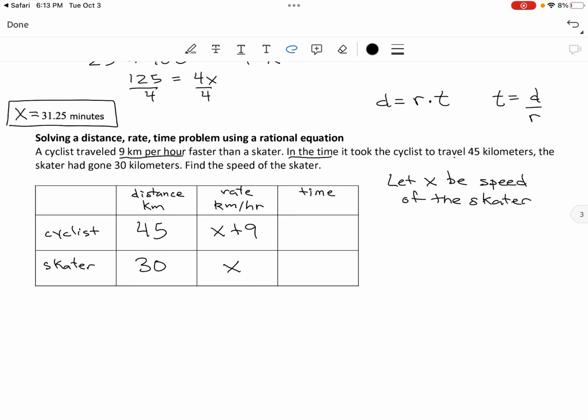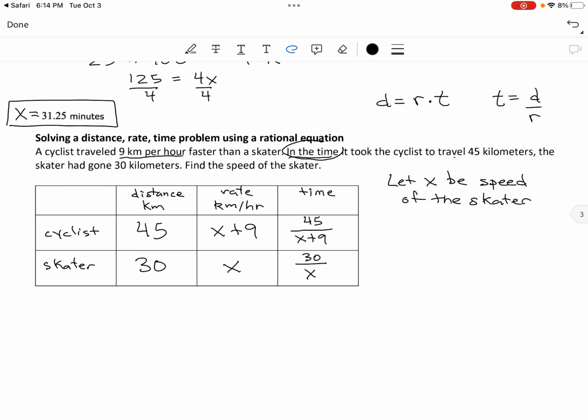And so now we just need to fill in our time. And remember, time is the same thing as distance divided by the rate. The distance for the cyclist was 45, and the rate was x plus 9. So that's how we fill in the time, the distance over the rate. Same thing for the skater, the distance over the rate.